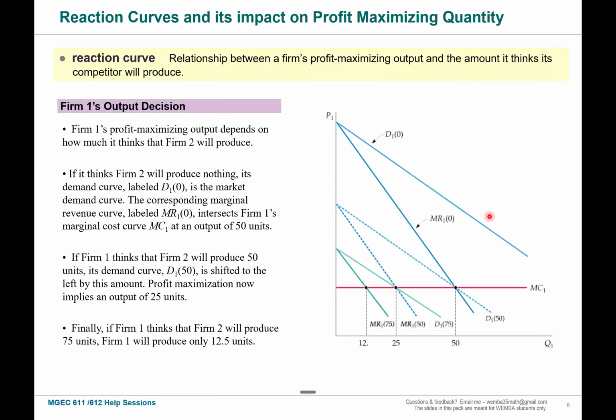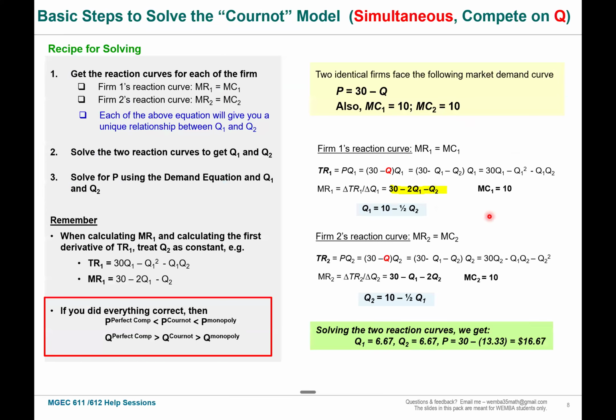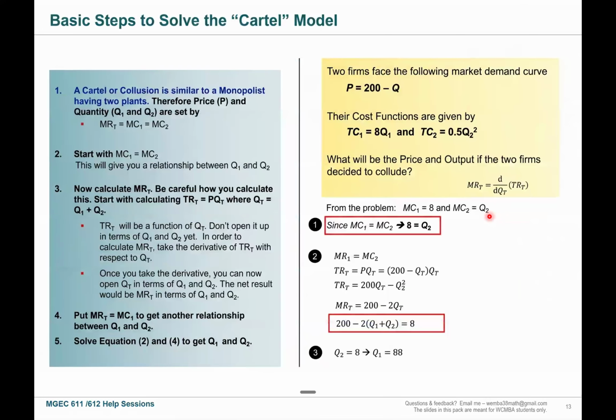Okay, so let's take that example here. Basic steps to solve a cartel. A cartel or a collusion is similar to a monopolist having two plants. So that's my governing equation: MRT equal to MC1 and MC2.